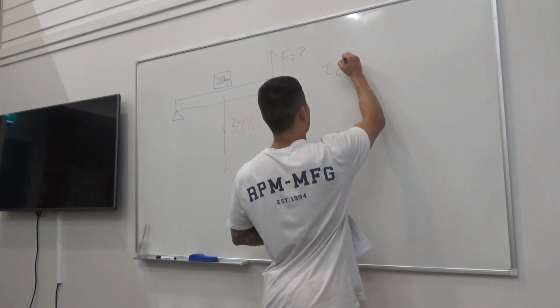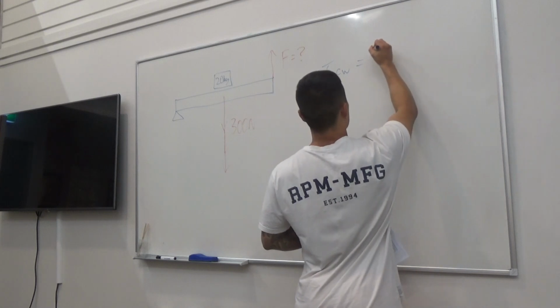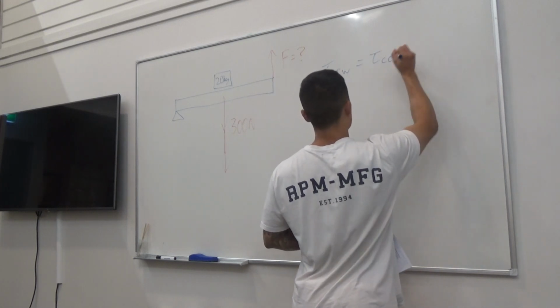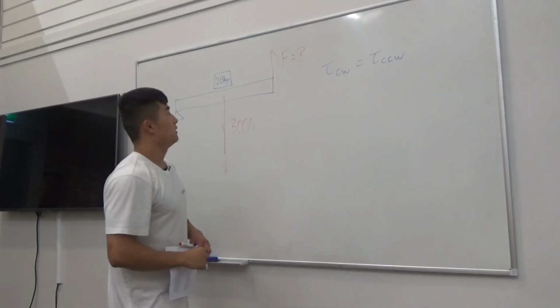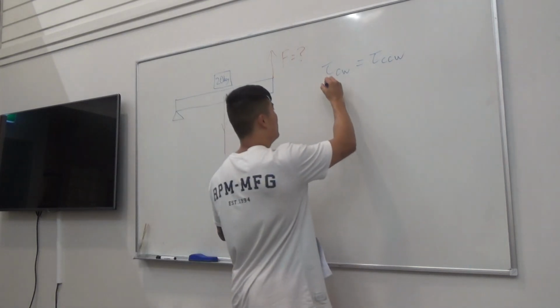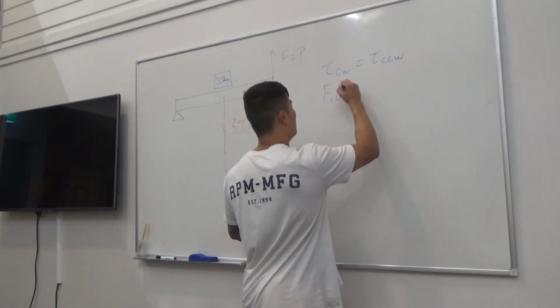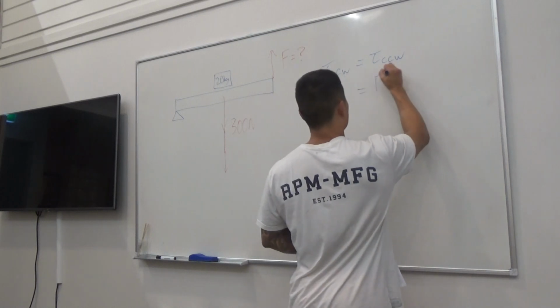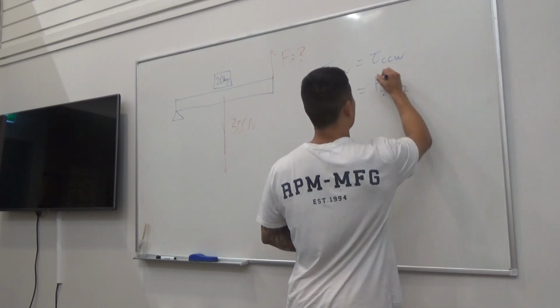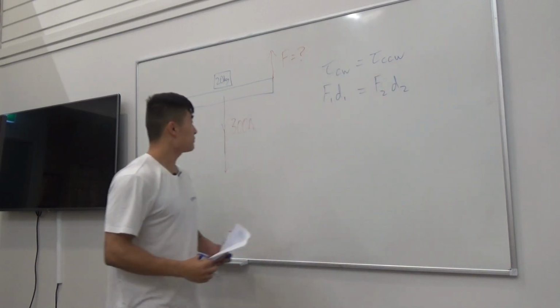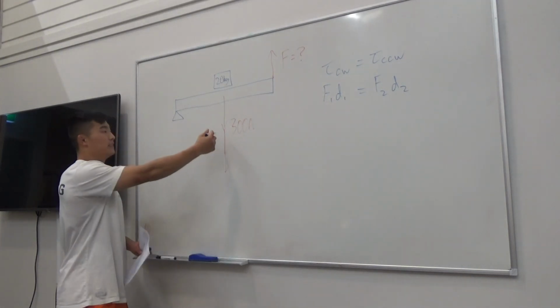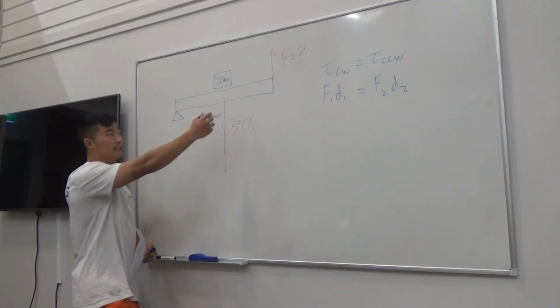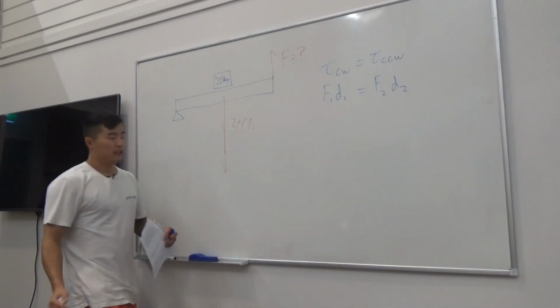So torque clockwise is equal to torque counterclockwise. So that's just F1 D1 is equal to F2 D2. Let's say this force here is F1 and this force here is F2.